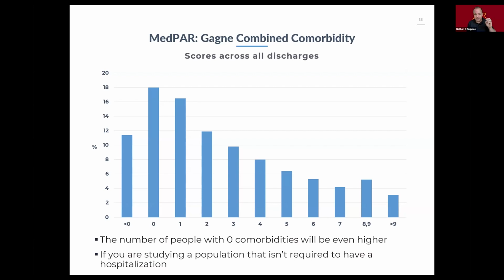So this may be a select set of the population that has been diagnosed with those particular diagnoses.